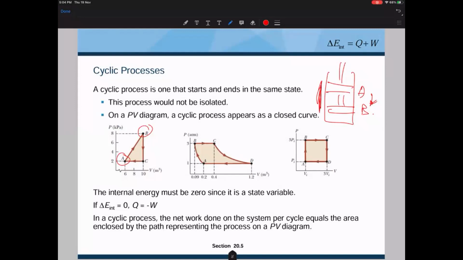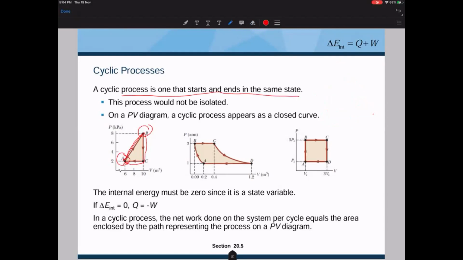So actually, you would like to have processes that would allow you to move from one state to the other and then through some intermediate process back to the original state. This would be much more important, much more useful. And that is something we call the cyclic process. So a cyclic process is one which starts and ends at the same point.